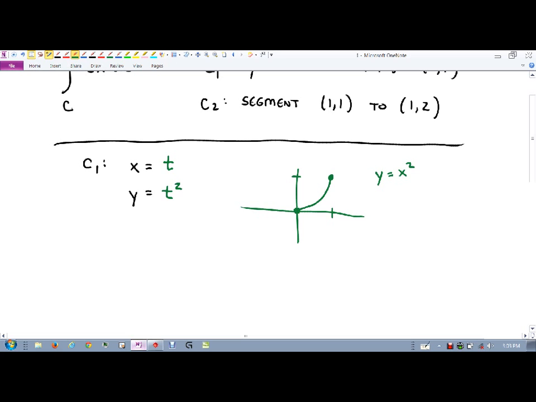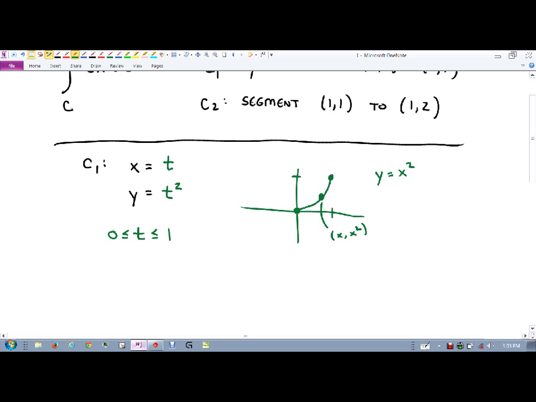Wouldn't that draw exactly what I want? Any point on here has the coordinates x, x squared. X is what I plug in, and y is x squared. So I replace that with t and that with t squared, and I'm just changing the variable. You get t and t squared. Do you follow that? What's the restriction on t? Between 0 and 1. So for C1, there are the parametric equations for x and y, and there's the restriction on t.